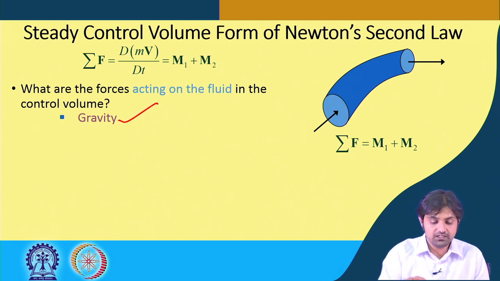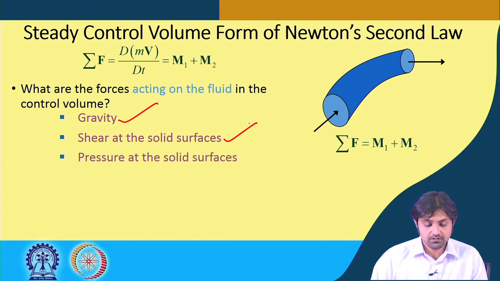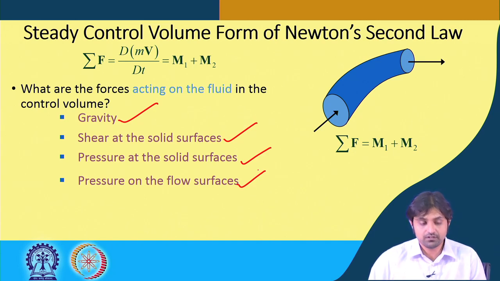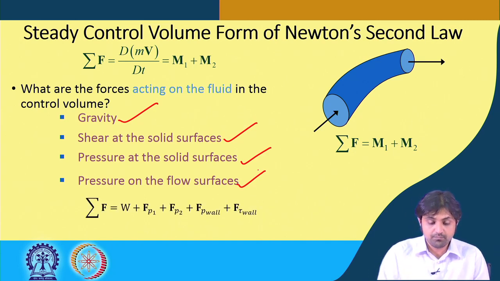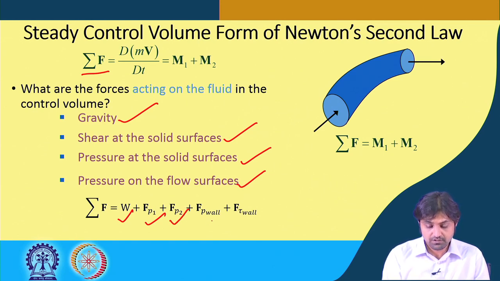One is gravity, another is shear or pressure at the solid surface, and pressure on the flow surfaces. So we can write sigma F as the weight W due to gravity, the pressure forces, and the force due to pressure and shear at the wall.